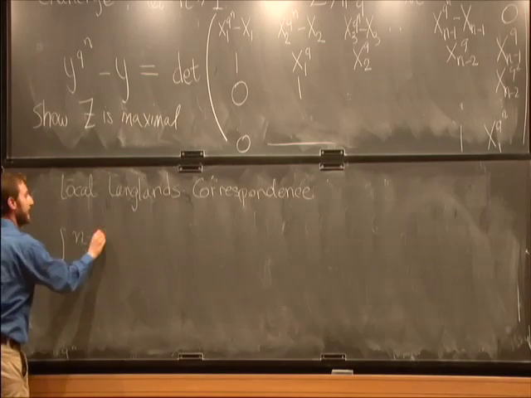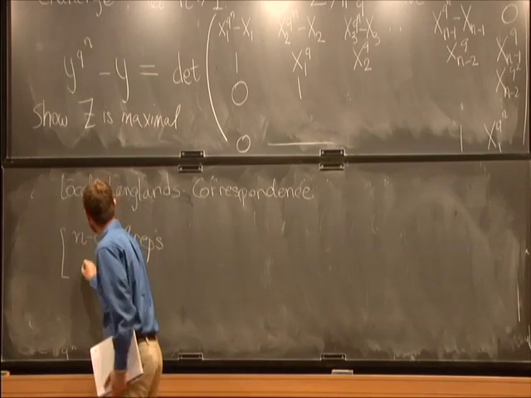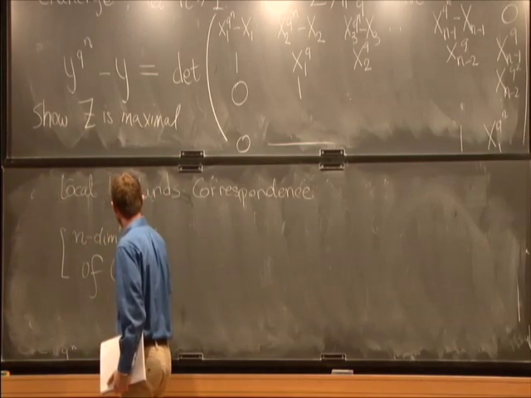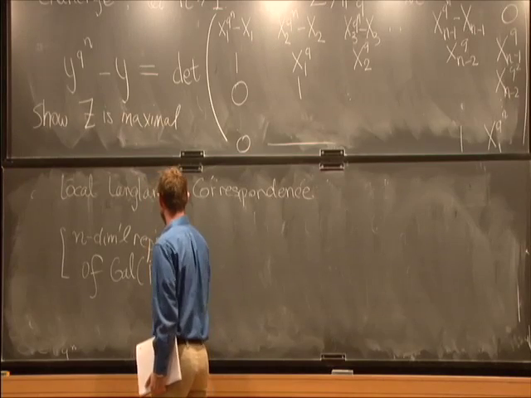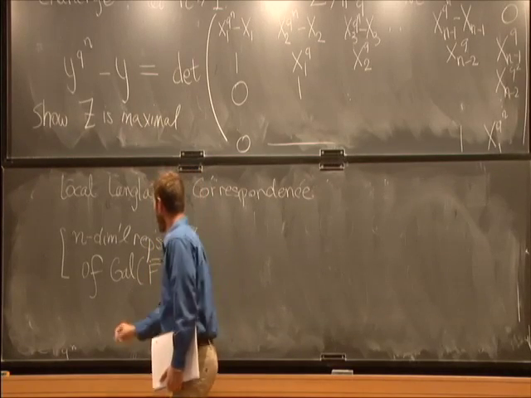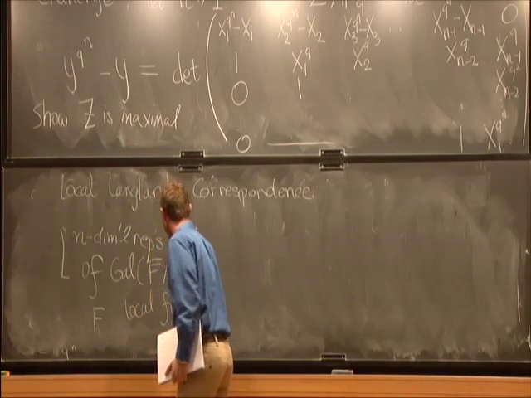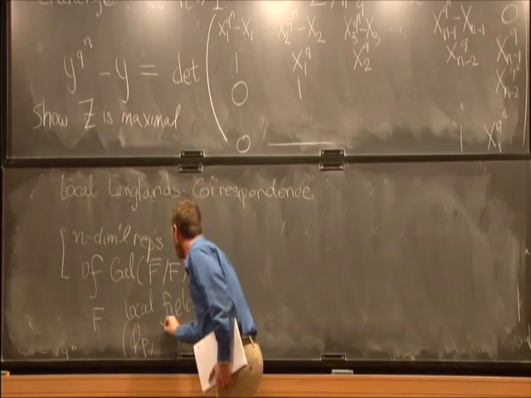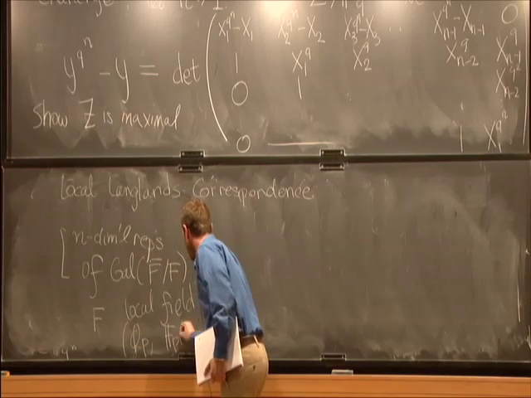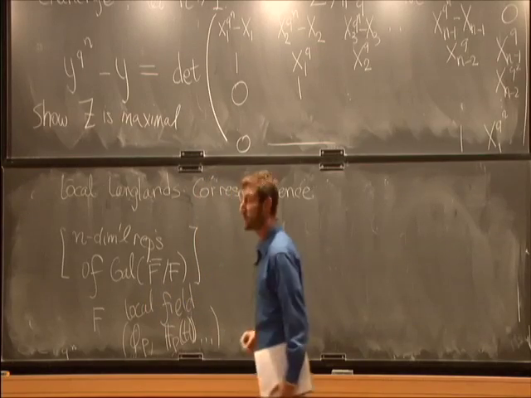On one side, it's n-dimensional representations of a certain group, a Galois group of, well, I'll say F bar over F, where F here is a local non-Archimedean field, which is either Qp or Fp double brackets T or some finite extension thereof.